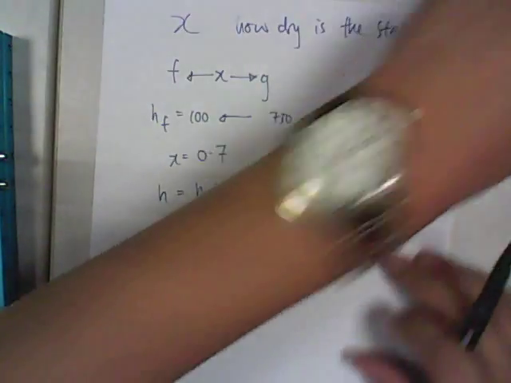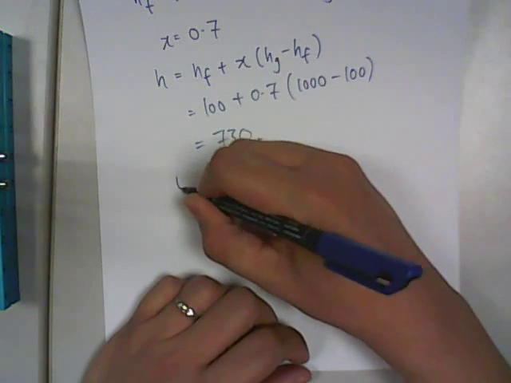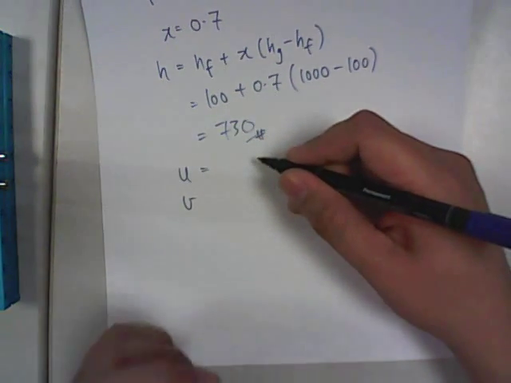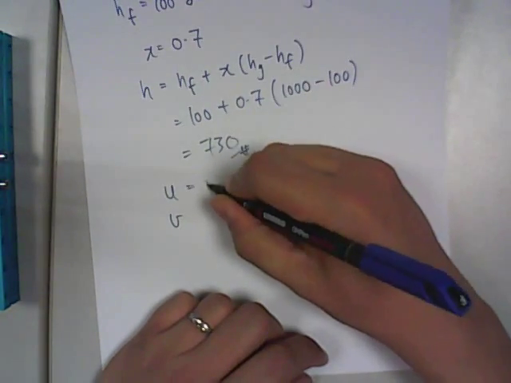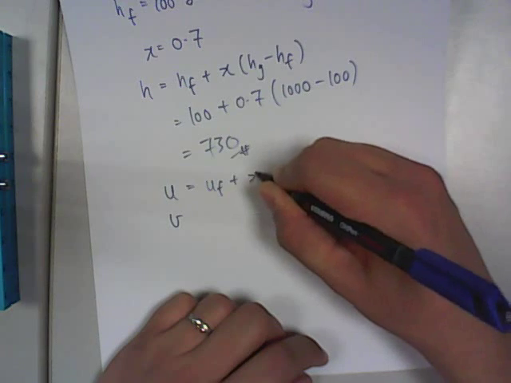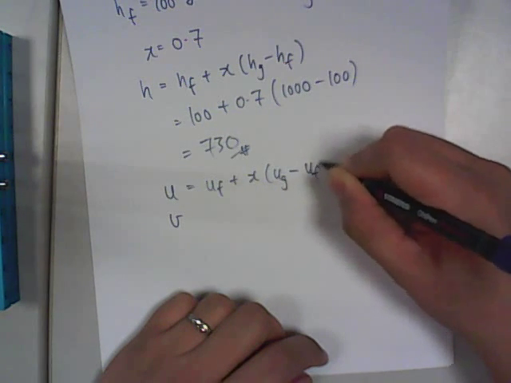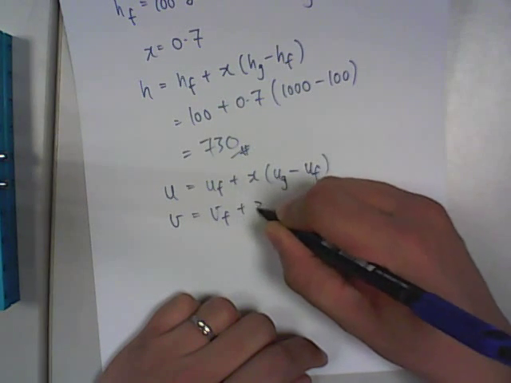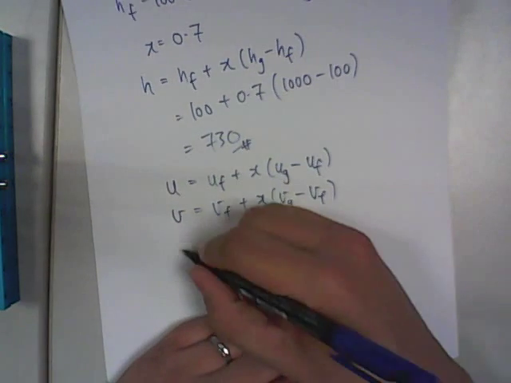Alright, so the formulas for the others, internal energy and specific volume, actually come from the same kind of equation form. u = uf + x(ug - uf). Volume as well, vg minus vf.